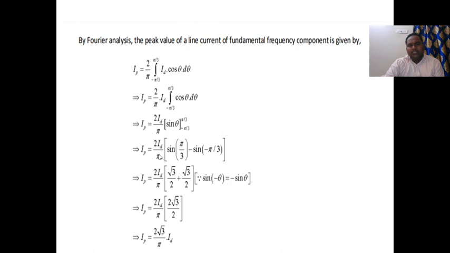By solving this equation neatly, we get Ip = 2√3/π · Id.